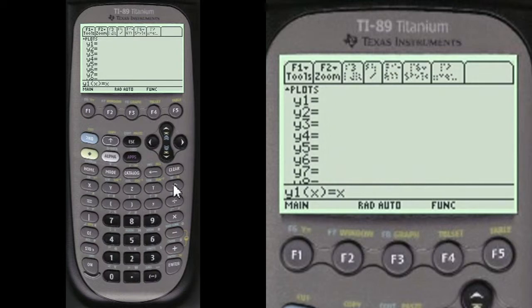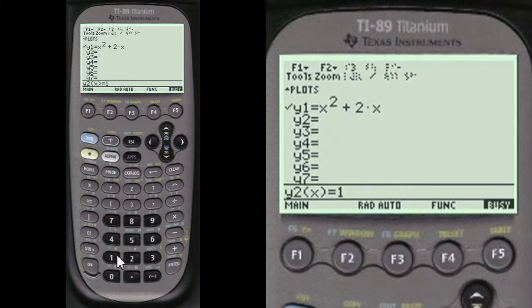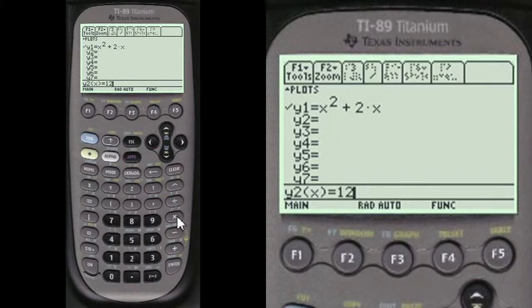X squared plus 2 times X. That's the original function. Now, just for demonstration, notice that the m of x, we found the slope to be 12, I think. So if you're going to graph that, you just go 12x. So let's do that, 12 for the second y.